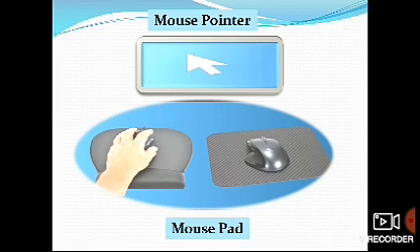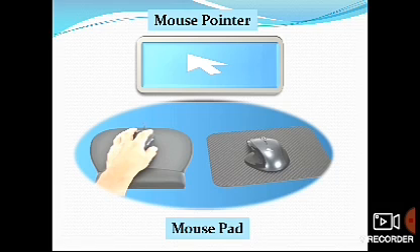The small moving arrow on the screen of the monitor is known as a mouse pointer or cursor.